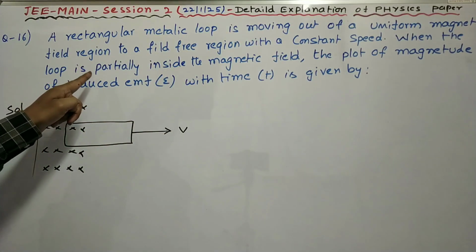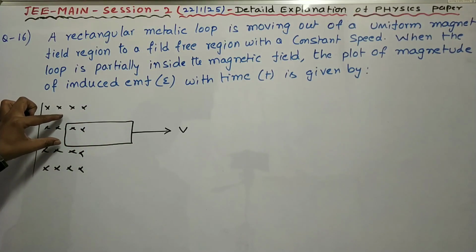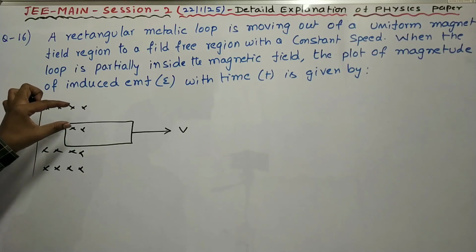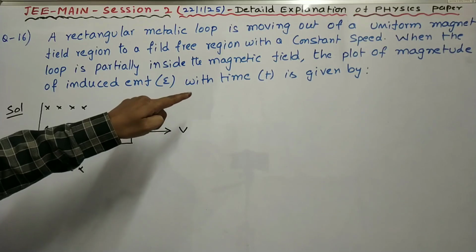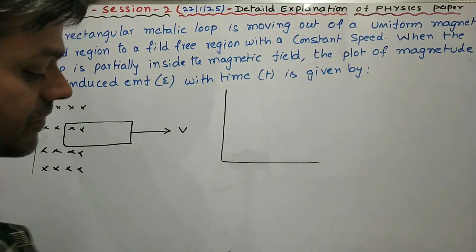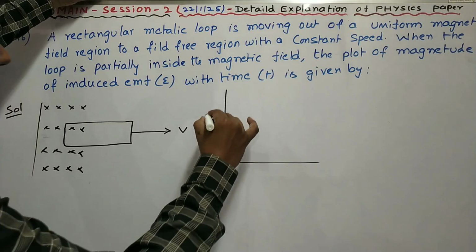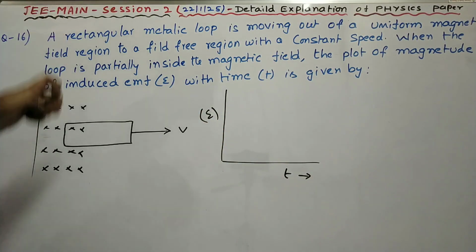Initially this metallic loop is partially inside the magnetic field. The plot of the magnitude of induced EMF with time is, suppose you draw a graph between induced EMF and time. What is the nature of the graph is being asked.